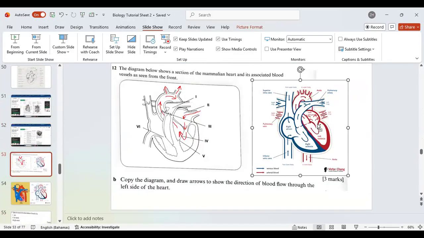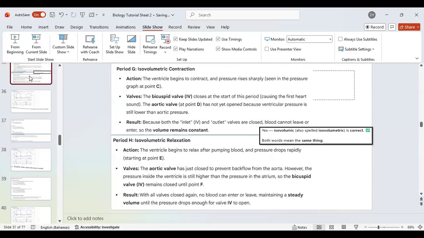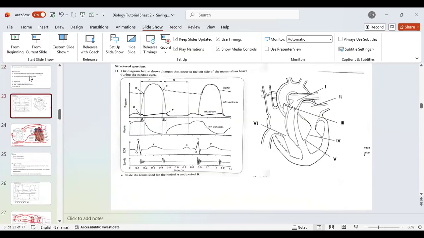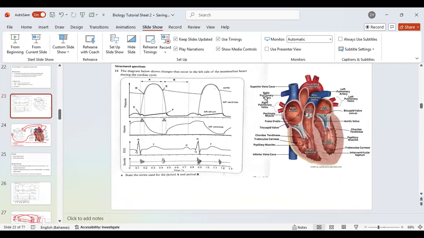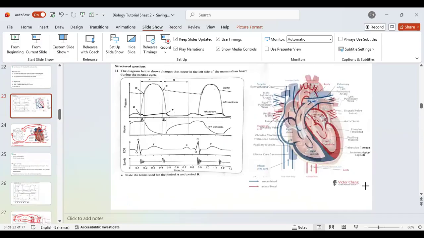What is a good one? Let's use this. This is a good one. So we're not going to use the blank one. We could use this one. Perfect. So now let's explain it.